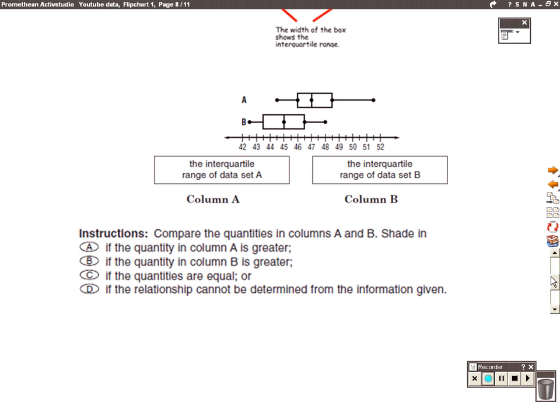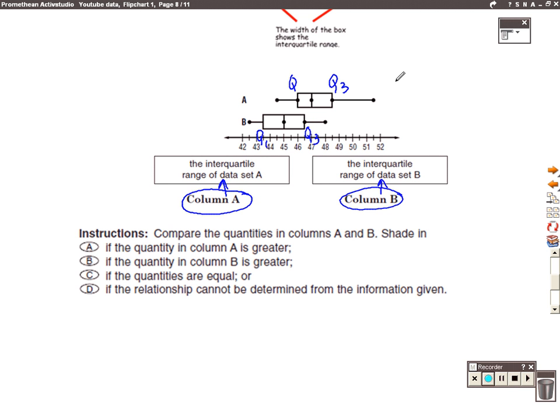They have asked us in this problem to compare column A to column B, and column A represents the interquartile range for data set A, and B represents the interquartile range for data set B. So again, remember we want to do Q3 minus Q1. Here's Q3, here's Q1.